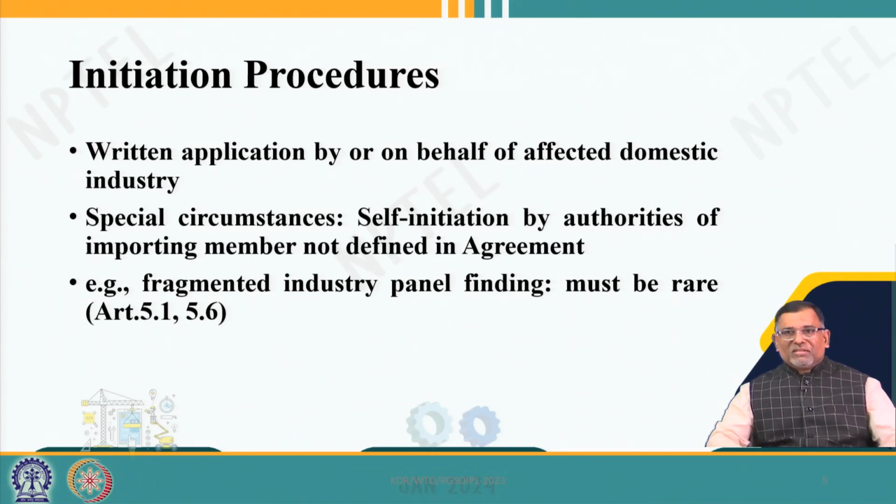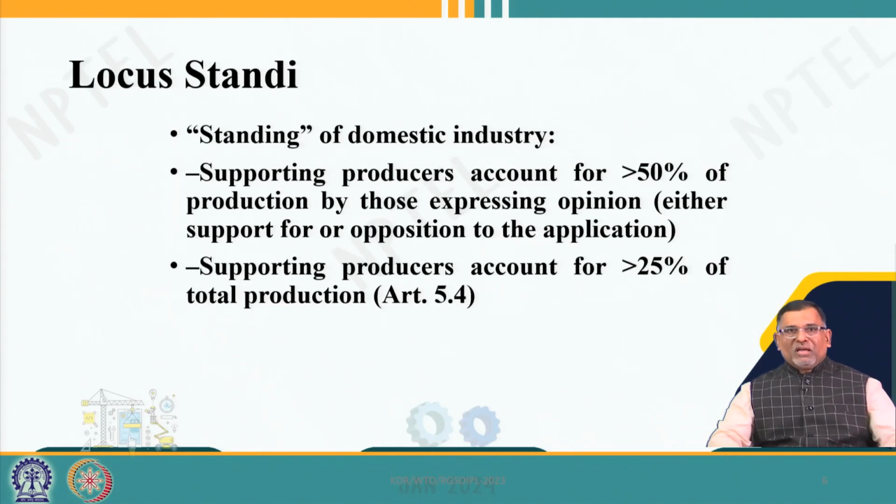For example, in highly fragmented industries, the government of India can take a decision with regard to industries which cannot constitute the major proportion of the production of that particular product. So, the government has the discretion, and it rarely happens. And also, who can approach?